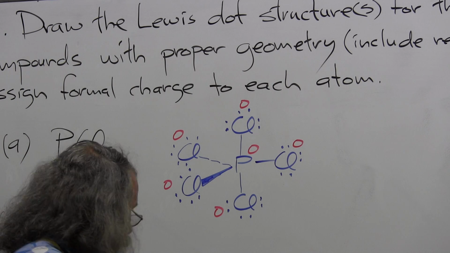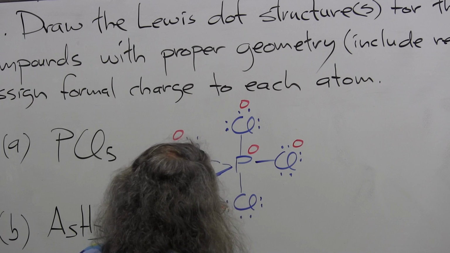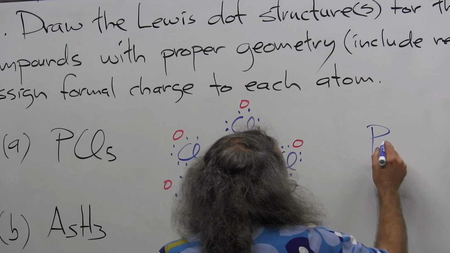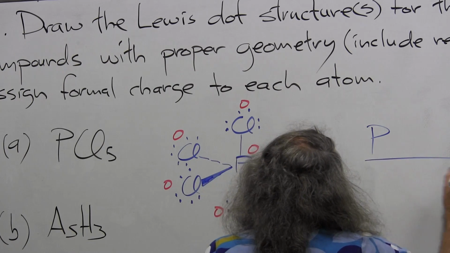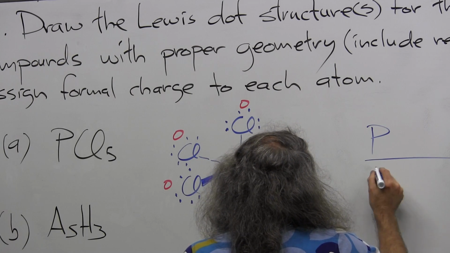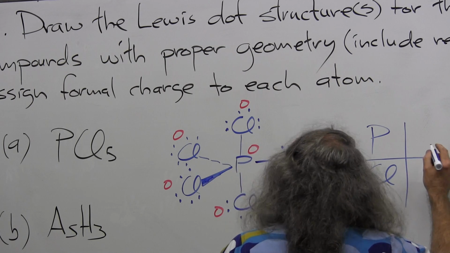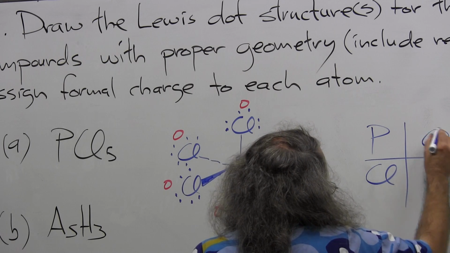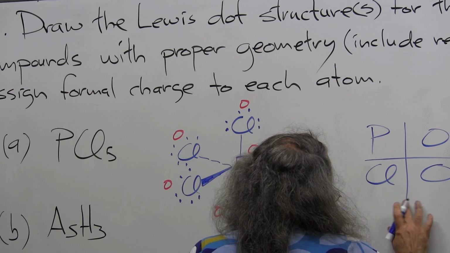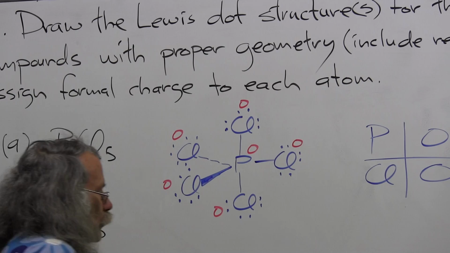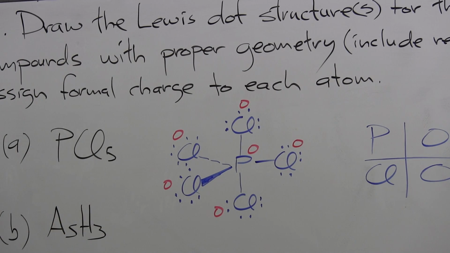A better way to do this is to have, for phosphorus, I'll put, and chlorine, I'll put the formal charge is 0 and 0. There's 0 for each of the chlorine atoms.